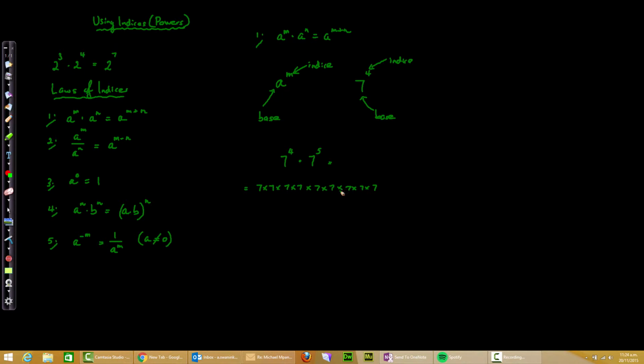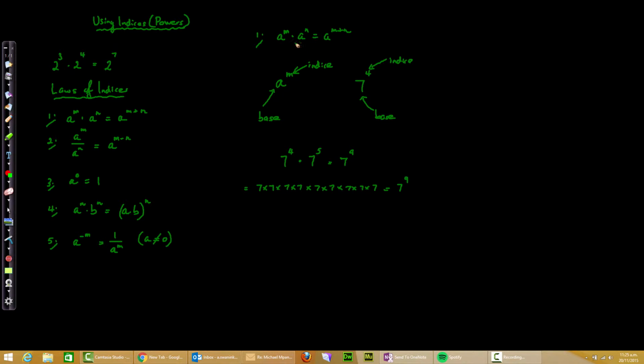Well, that simply means we've got 7 being multiplied together 9 times in this case. And of course, 4 plus 5 would give that 9 as well. That's exactly what that is meaning. This is 4 sevens being multiplied together and another 5. So how many altogether? Well, 9 times you're multiplying 7 together, so 7 to the power of 9.